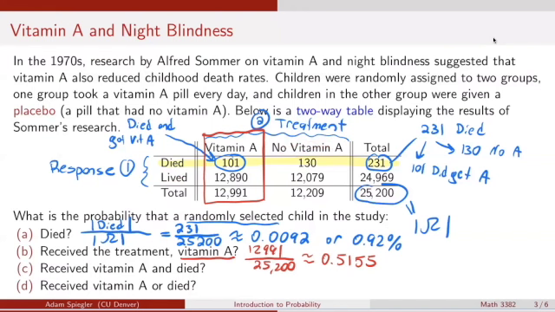Okay, in parts C and D, we now are looking at a compound probability that involves multiple events. So in part C, we want to count up all of the children in the study that received vitamin A and died. Both of these things being true at the same time.